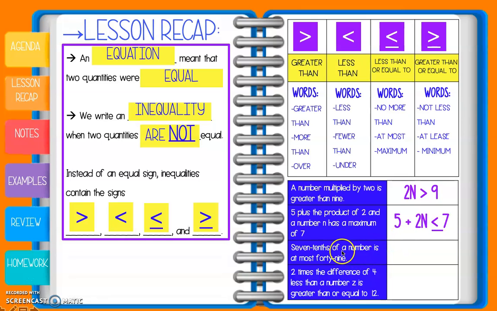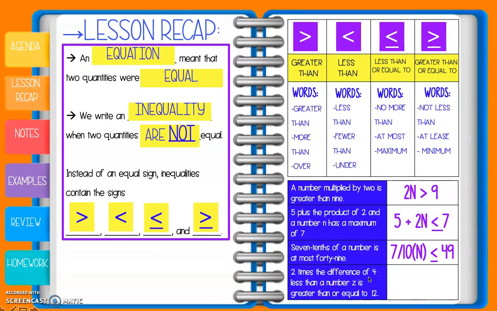Okay, 7/10 of a number. We know from our last 2 units that 7/10 of a number just looks like 7/10 times n, and it says is at most 49. Okay, so if I look, I see at most is less than or equal to, so I know it's less than or equal to 49. So 7/10 times n is less than or equal to 49. All right, so 2 times the difference.